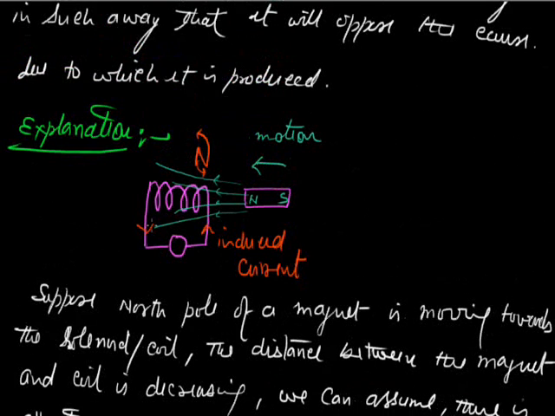We can also explain with another method. The north pole of the magnet is moving towards the solenoid in this direction. The distance between the magnet and the solenoid is decreasing. This motion is the cause of inducing the current. It means it is opposed according to Lenz, so the magnet must move away from the solenoid.